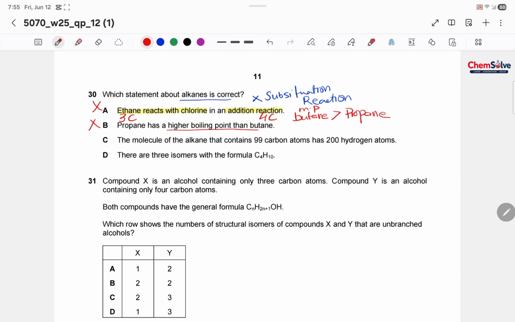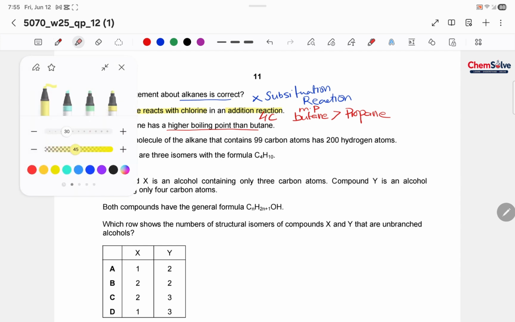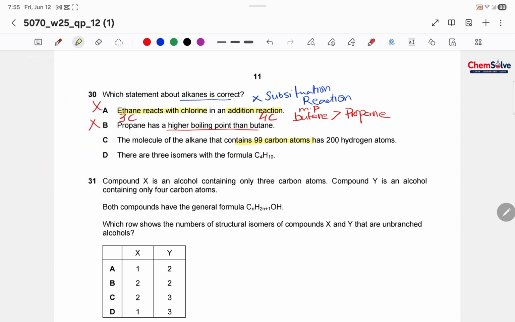The molecules of the alkane that contain 99 carbon atom has 200 hydrogen atom. Okay, for this we have to substitute these values in the general formula of the alkane. So general formula of the alkane is CnH2n plus 2.